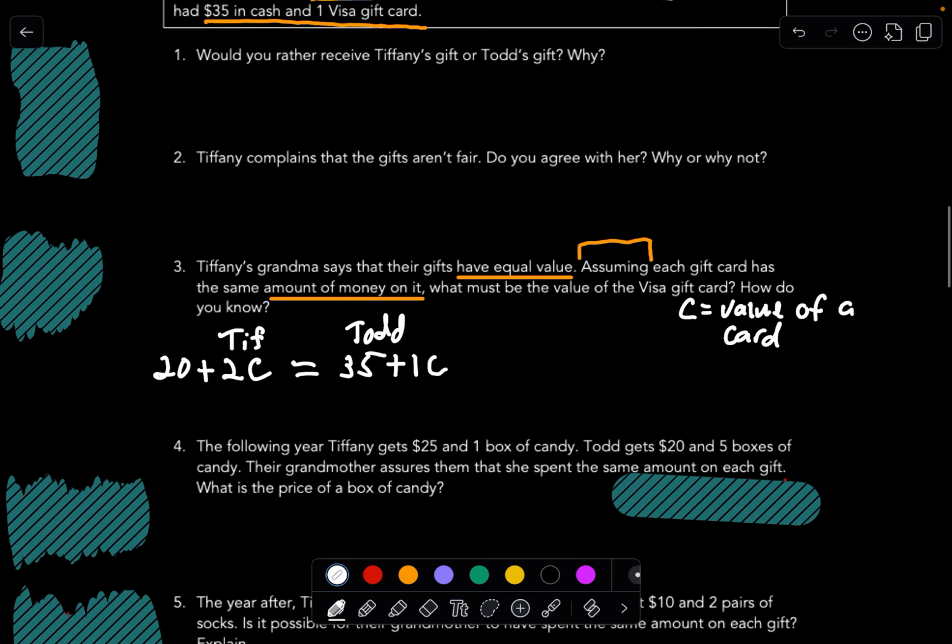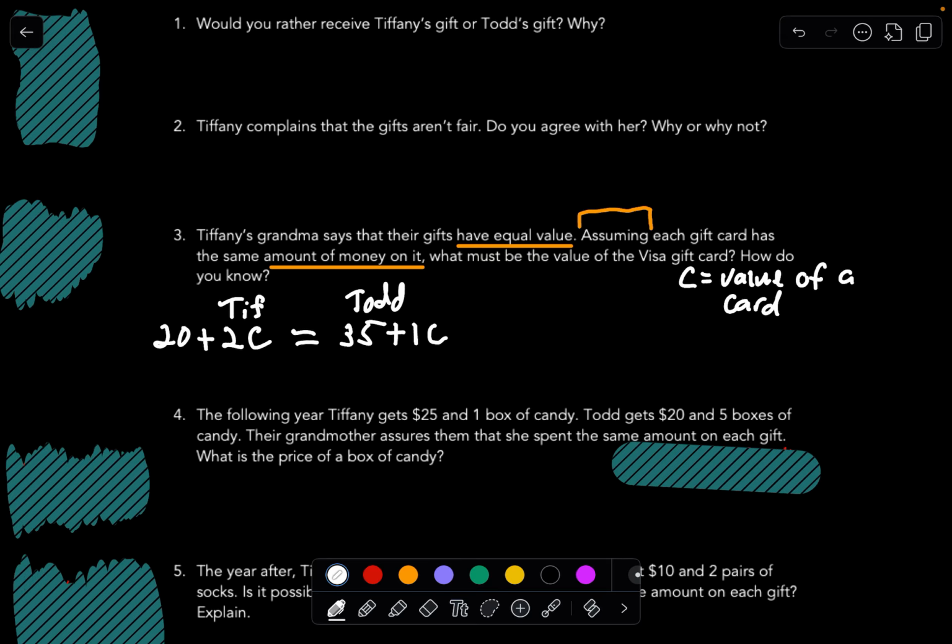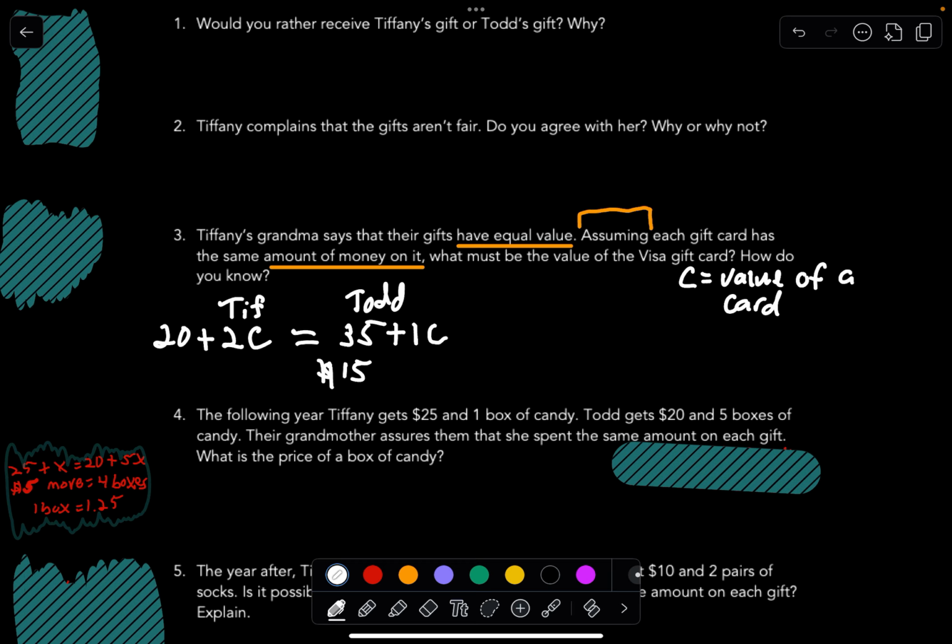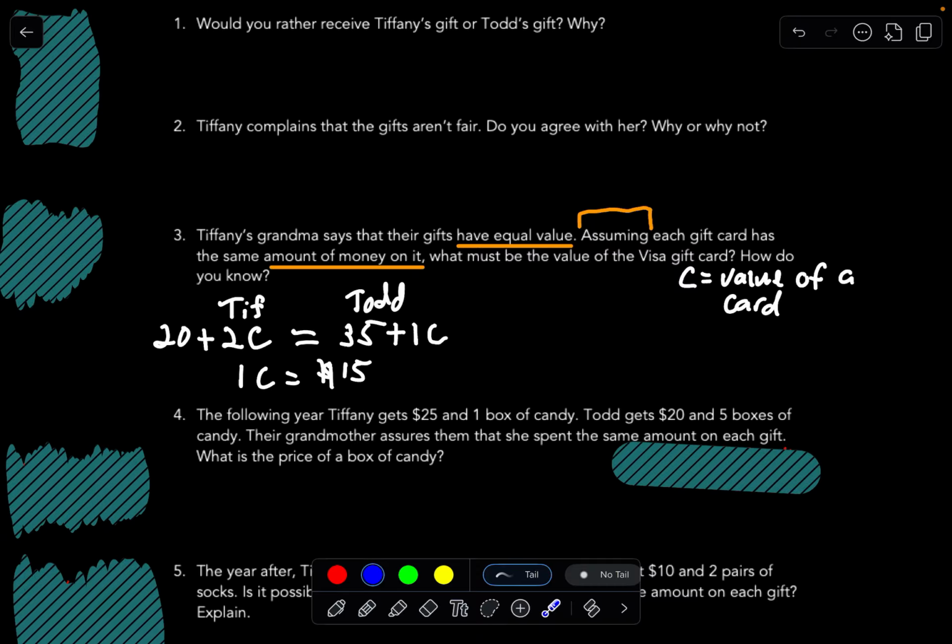Well, when you look at this, you can see that Todd has $15 more, right? $15 more than Tiff. But Tiff has 1 more card. And just by that reasoning, you can see that 1 card must be $15.